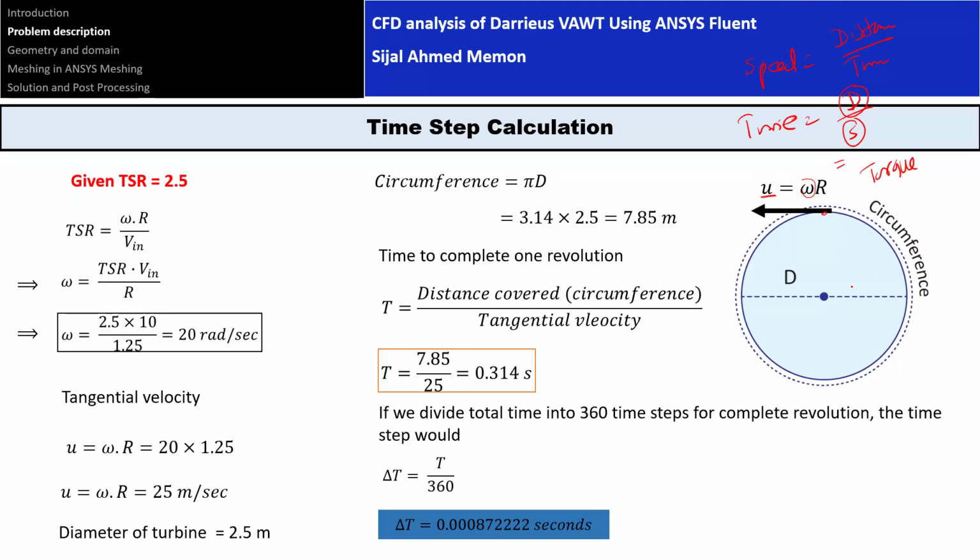So what they say is that you have to divide the whole time it will take to complete one revolution by 360 degrees. Means that for each and every time step, you are solving for 1 degree. So for every time step, the wind turbine will move forward by 1 degree.